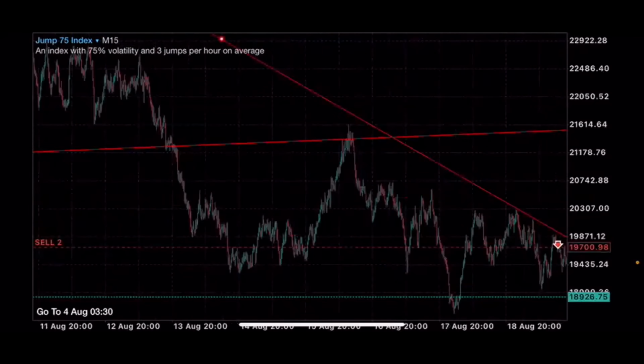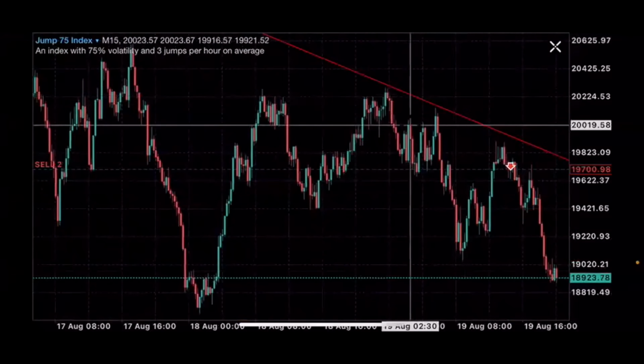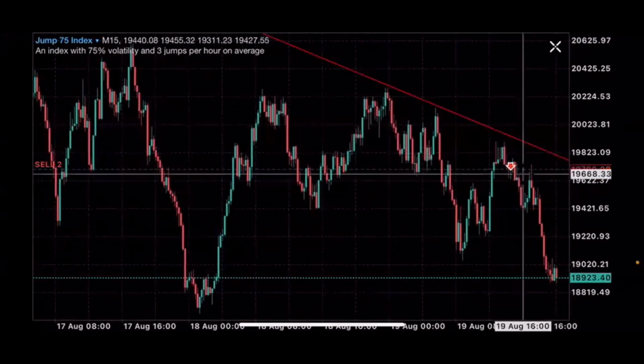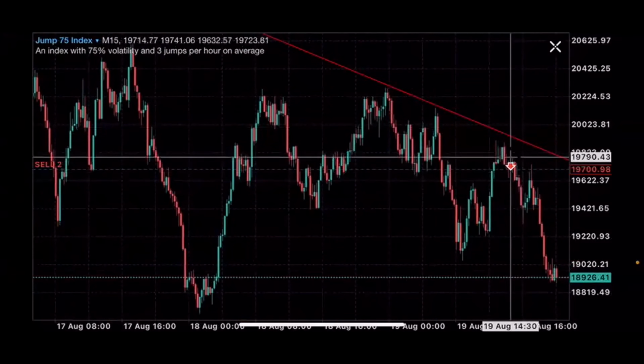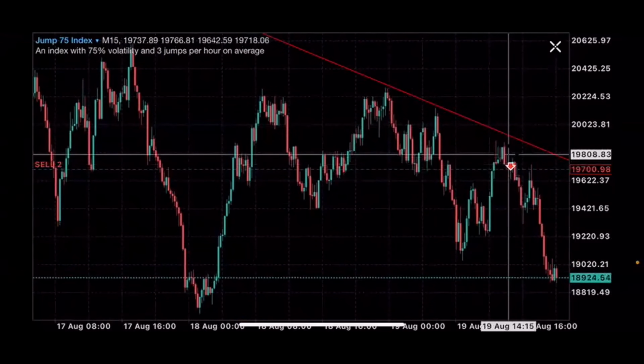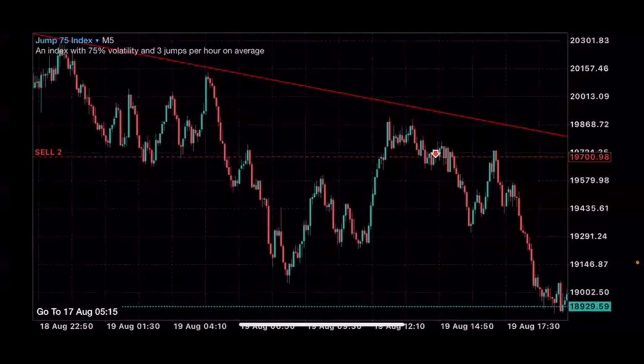So going back to my 15 minutes, see that the market has reached here. So it's also ripe for another sell. The market is ripe for a sell. So I'll have to confirm first from my smaller time frame. So I'll go to the M5.